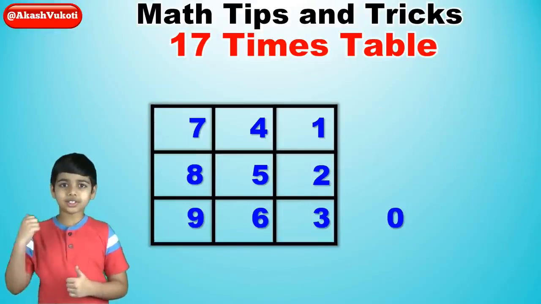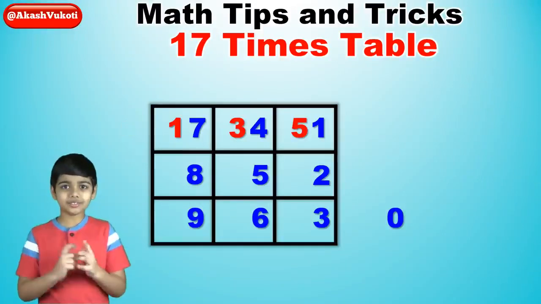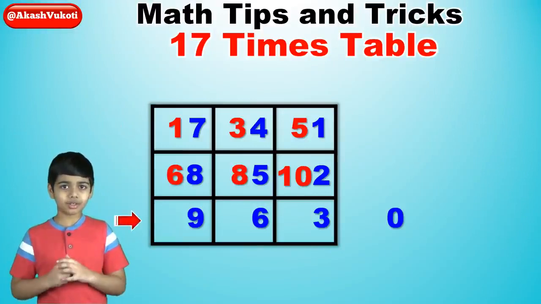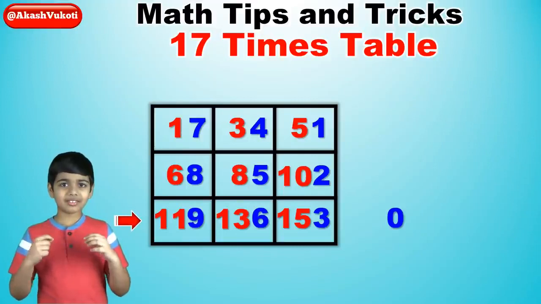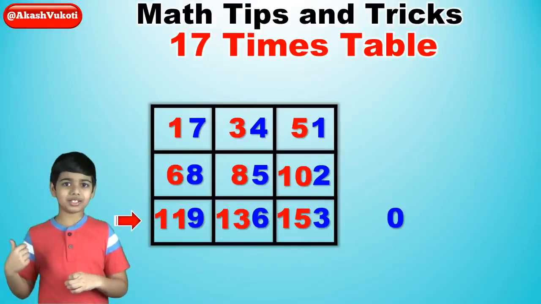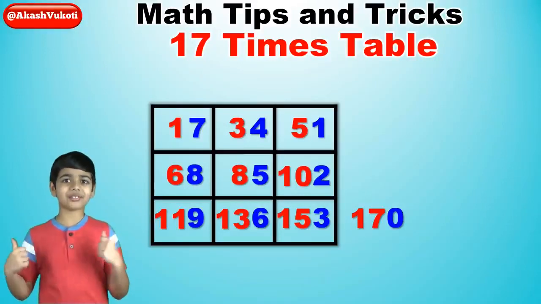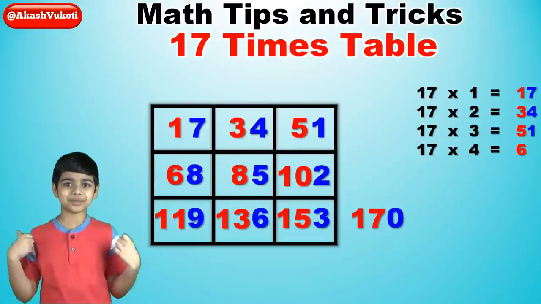So, starting with the odd numbers, that's 1, 3, 5, even numbers 6, 8, 10, odd numbers 11, 13, 15, and then we place a 17 next to the 0 outside of the box, and that right there is the trick to learn the 17 times table.